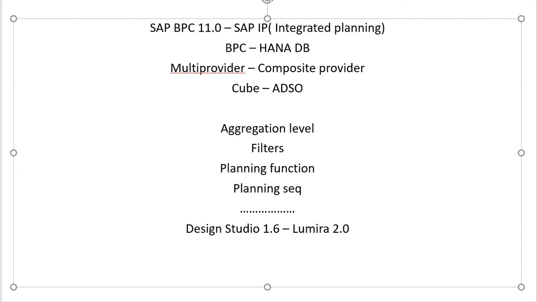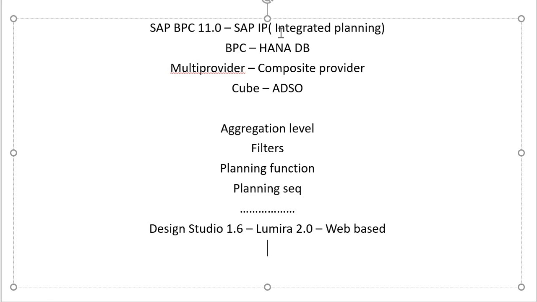These are web-based platforms where we can access whatever planning sequence or planning function you create. You can access those in Lumira or Design Studio and do further planning, and this is web-based.